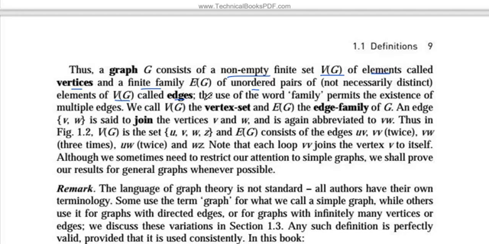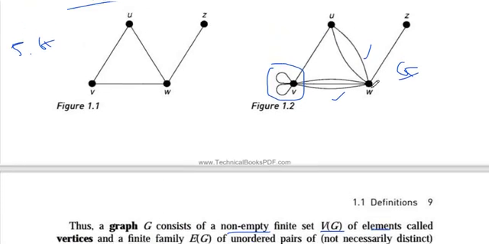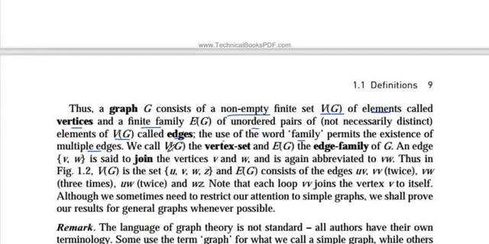Use of the word family permits the existence of multiple edges. For multiple edges we have to write it as a family. So V of G is our vertex set, and E of G is also called the edge family of graph G. So till now we have discussed two definitions, vertex set and edge family of a particular graph.